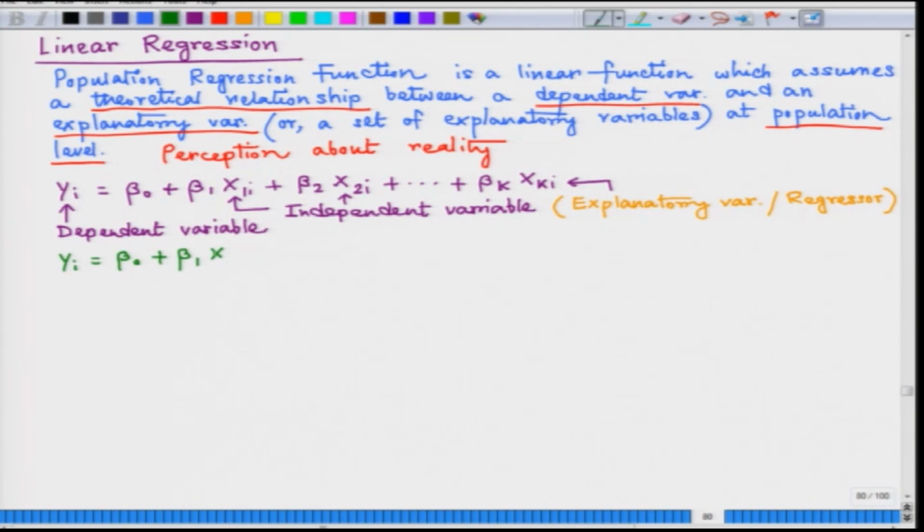So, only one explanatory variable x, and what is i? i is basically 1 to n, the number of observations.